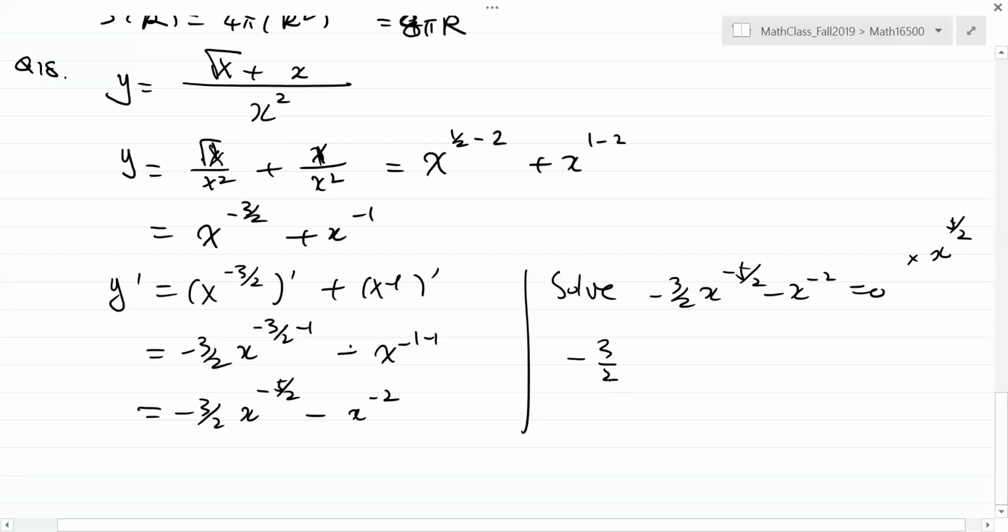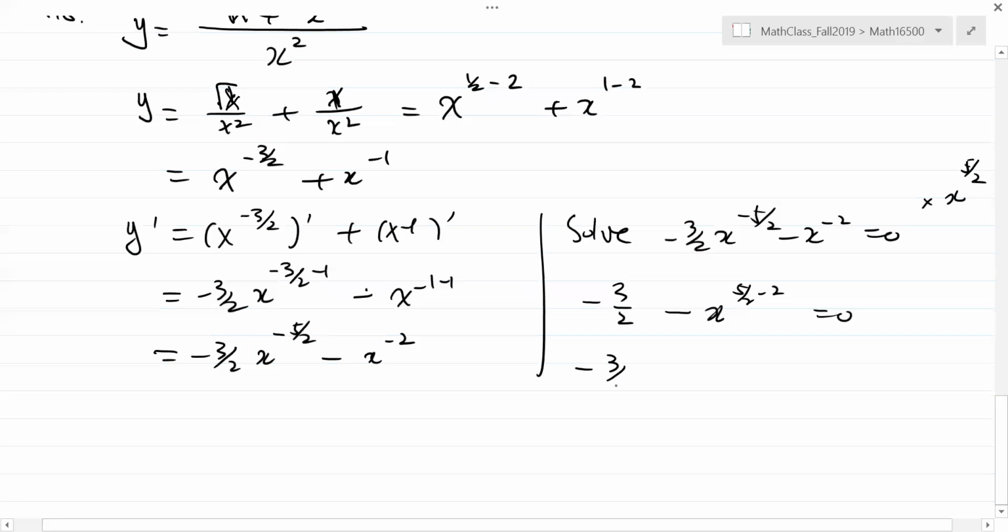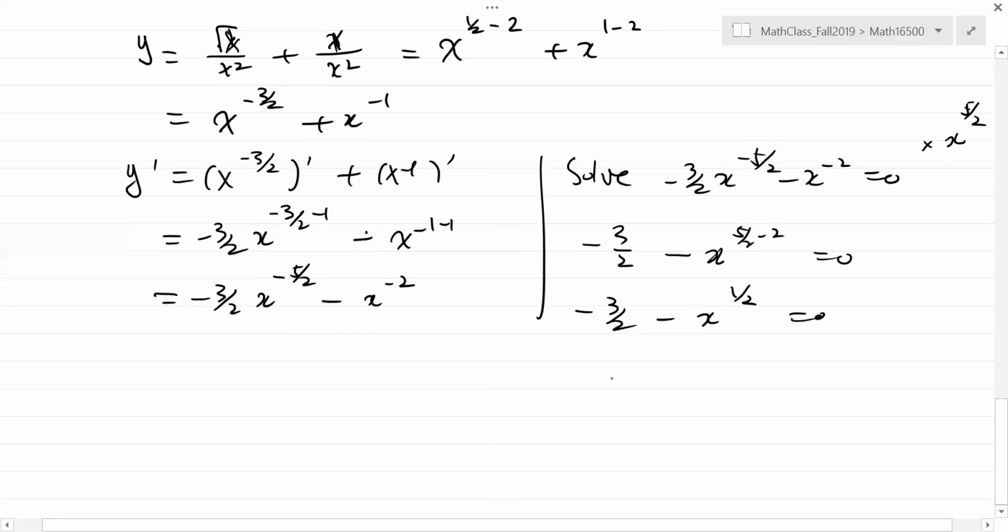The first term will be just negative 3 over 2, because for the other two terms, x to the negative 5 over 2 times x to the positive 5 over 2 cancel out, minus x to the 5 over 2 minus 2. 5 over 2 minus 2 is going to be x to the 1/2. Okay? Now, in other words, x to the 1/2 is going to be negative 3 over 2.